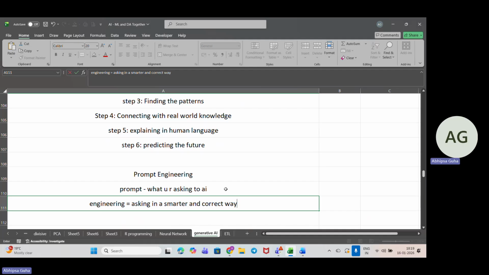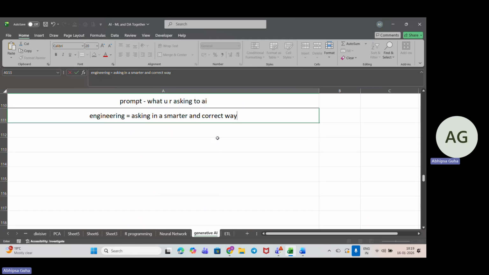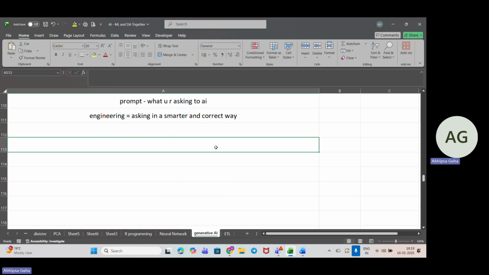Now, in the case of good prompt engineering, you would say, explain addition to a 10-year-old boy using apples in simple language. This is how you can put it, right? So what is a bad or poor prompt? That is: explain math.